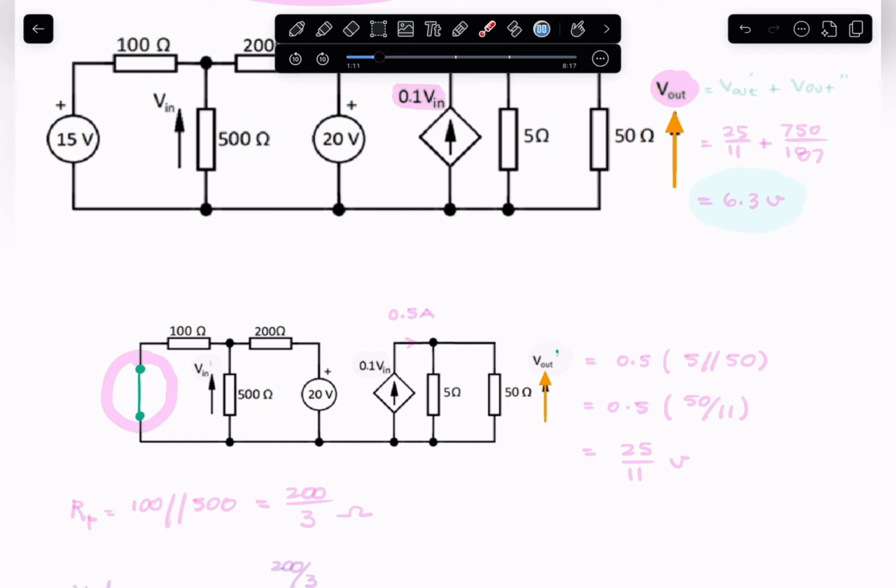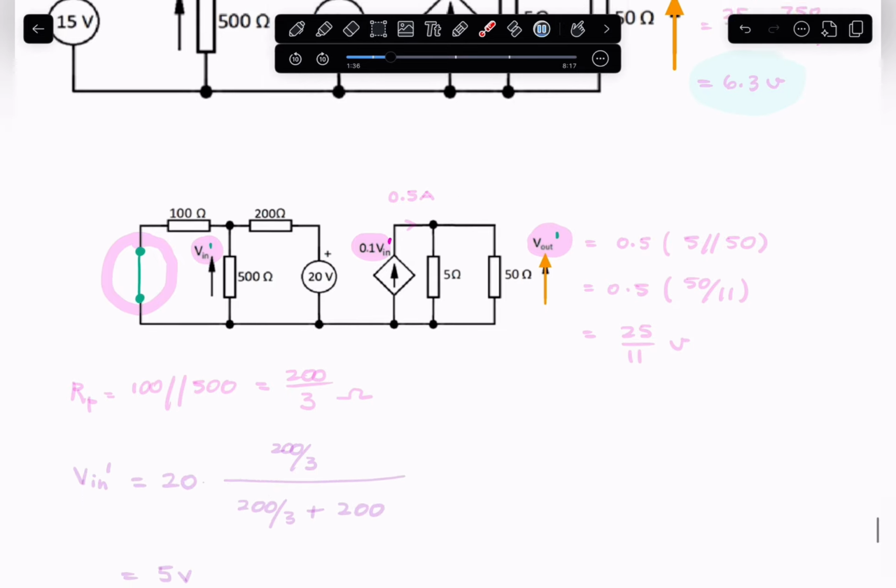Let's call that V out prime, and to do that we'll need the value of V in, and we'll call that V in prime because that will be used by our dependent source here, that's 0.1 V in. And then we'll do the same for the other source.